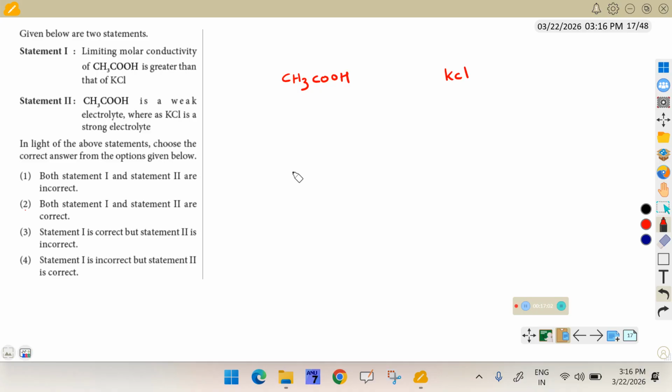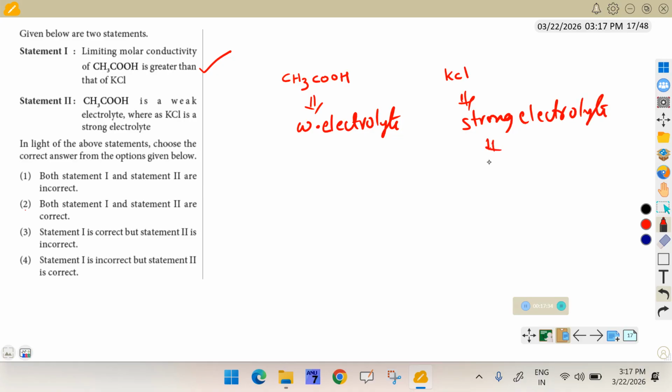Limiting molar conductivity of CH3COOH is greater than that of KCl. Limiting molar conductivity. Yes, the first statement is correct. Why is the first statement correct? Because CH3COOH is a weak electrolyte. KCl is a strong electrolyte. Weak electrolytes are not 100% dissociated.